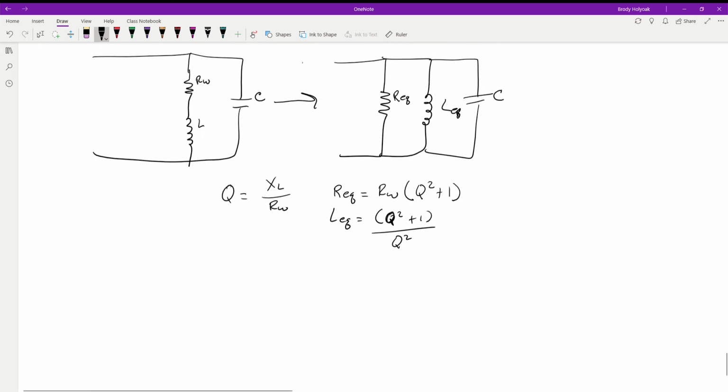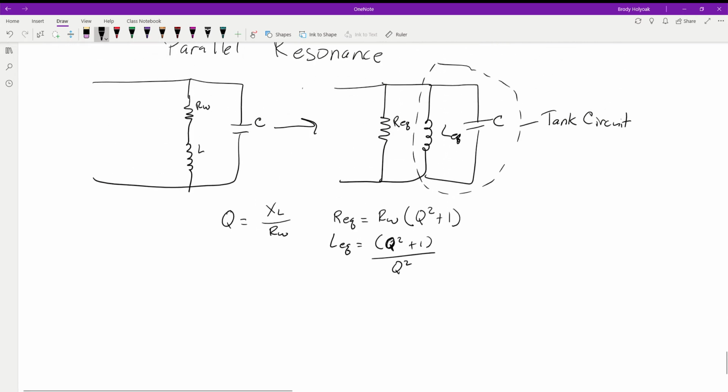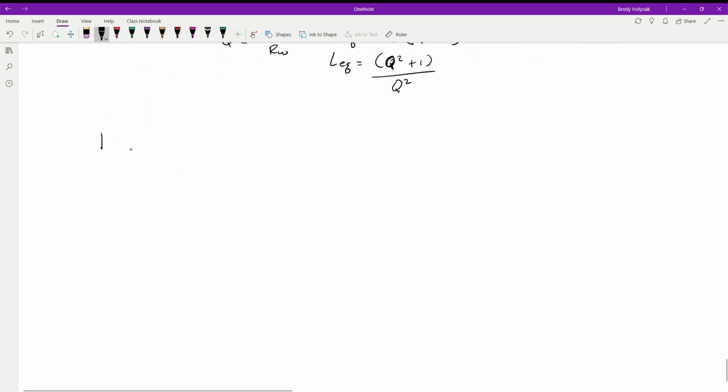Once we've got this converted down, this right here that I'm outlining is our tank circuit. Now, a little bit more of a definition of this guy. The tank circuit has a few special properties.